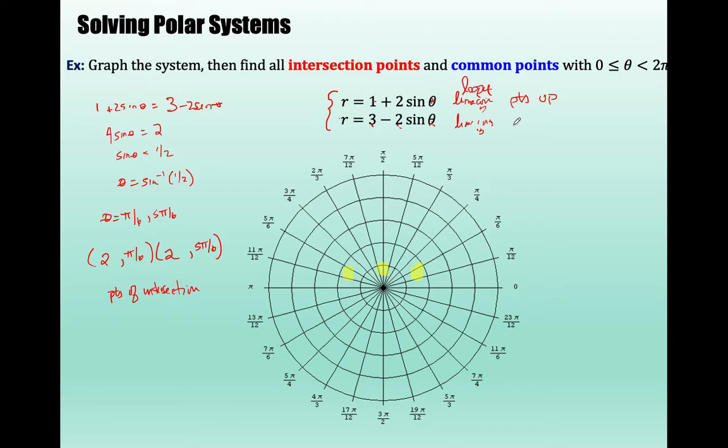So it's a regular limaçon, but it points down. Big radius is 3, little radius is 1, big radius is 5, little radius is 1.